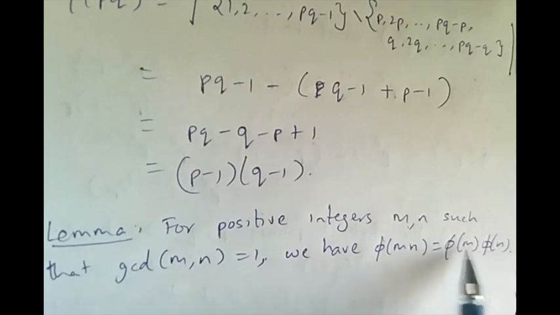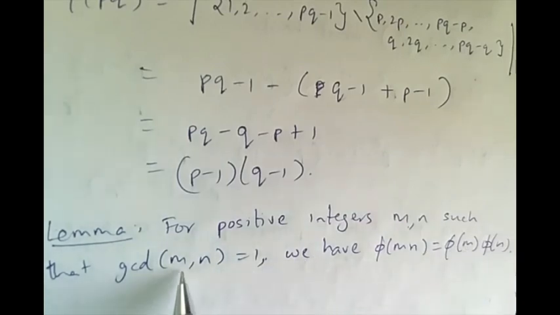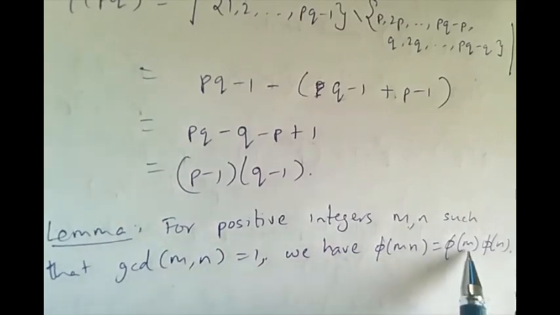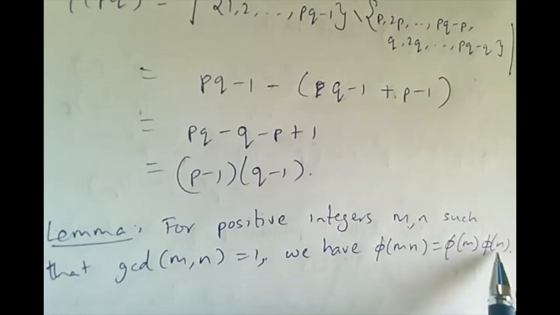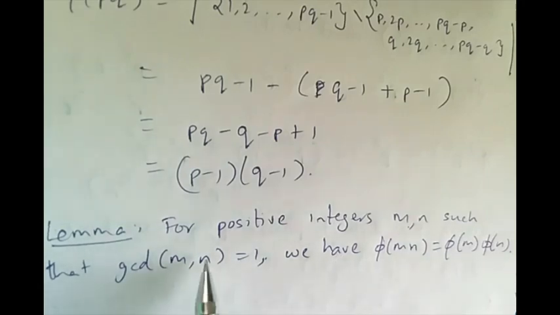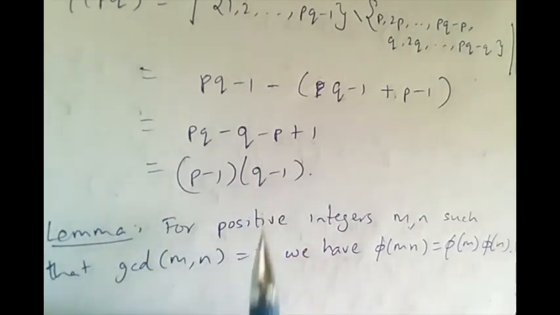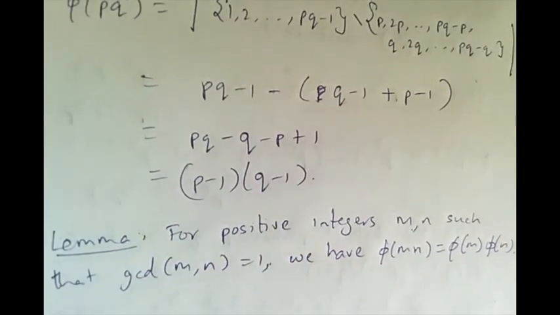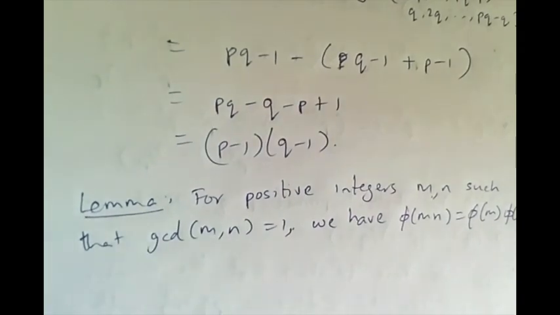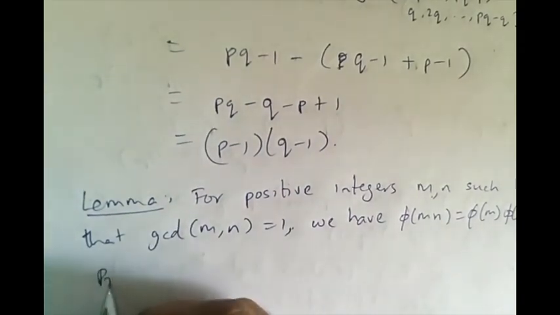If M and N were distinct primes, then the GCD of distinct primes is 1, and phi of P would be P minus 1, and phi of Q would be Q minus 1. So this is a generalization of the previous result, but we will not prove this because the proof will follow from something called the Chinese remainder theorem.